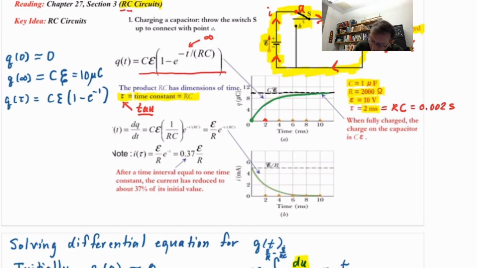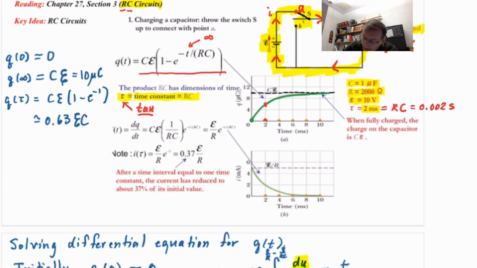And you do 1 minus e to the minus 1 in your calculator, and you'll get that this is about 0.67 of E. I meant to say 0.63 of E. Okay? So at 1 time constant, when you're roughly here on the graph, you're at about 63% of C times E, the final charge.